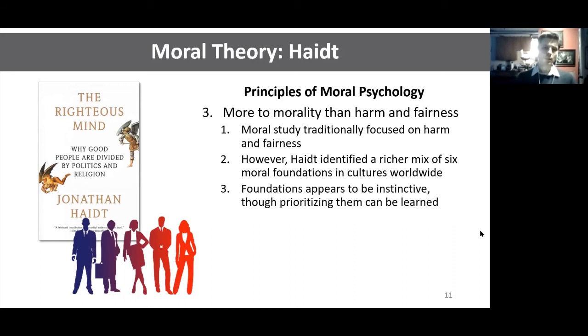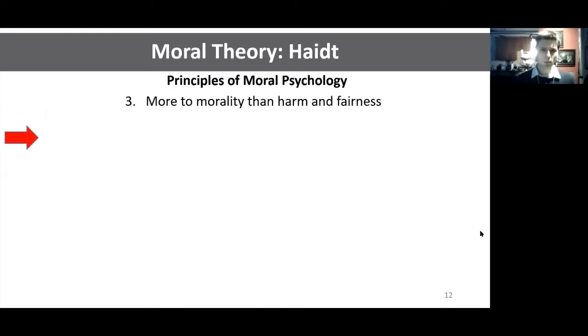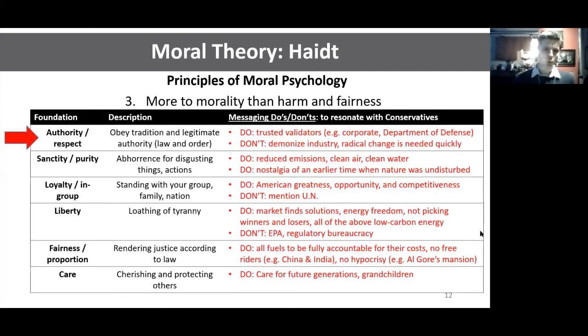These foundations appear to be instinctive, though prioritizing them can be learned. The way that liberals would prioritize these 6 is a bit different than the way conservatives would. But everybody has some element of all 6. So we're going to walk through them on the next slide, one by one.